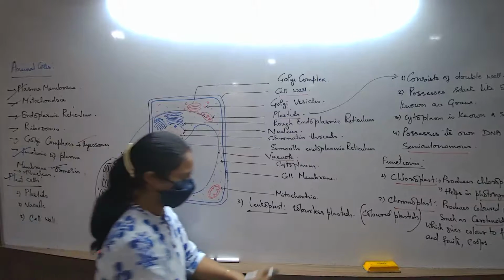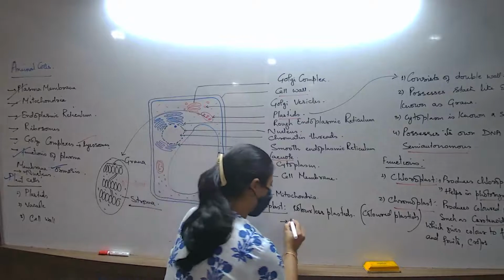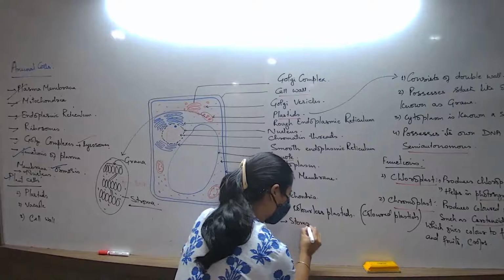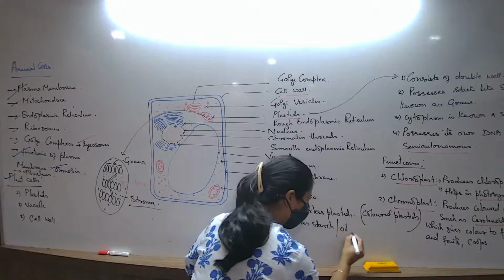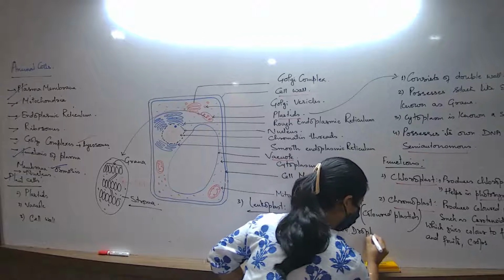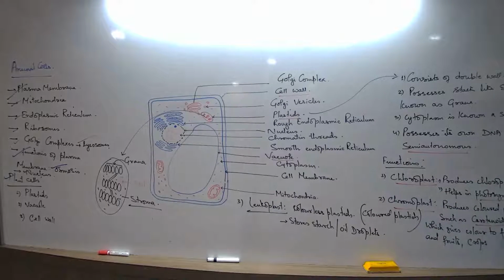Next is function क्या लिखेंगे? Stores starch or oil droplets. ठीक है?